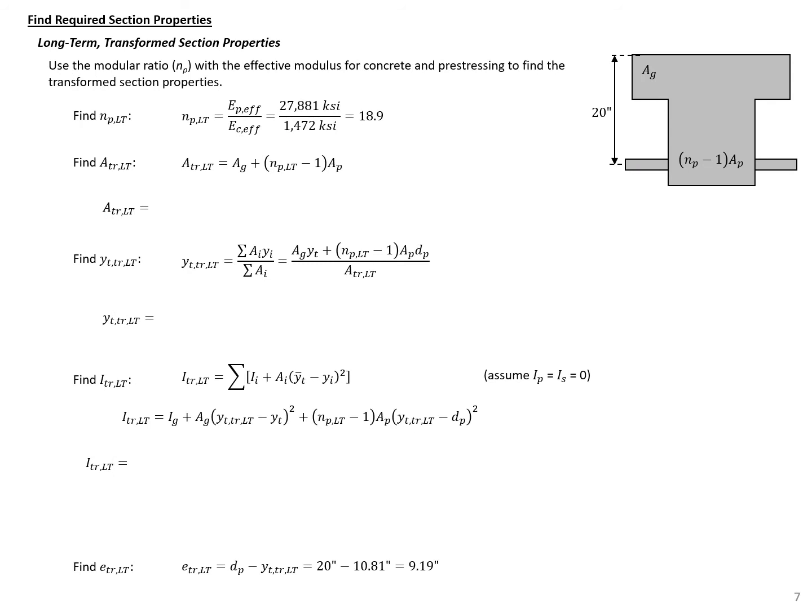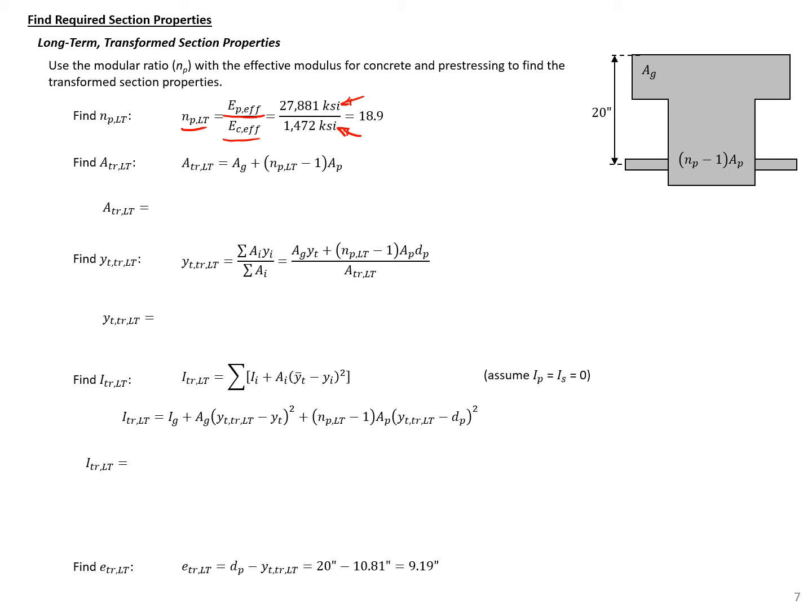We can do the same thing with our long-term properties. Here, our modular ratio we find by dividing our effective modulus for our pre-stressing divided by the effective modulus for our concrete. So this takes into account the strand relaxation and the creep effects.